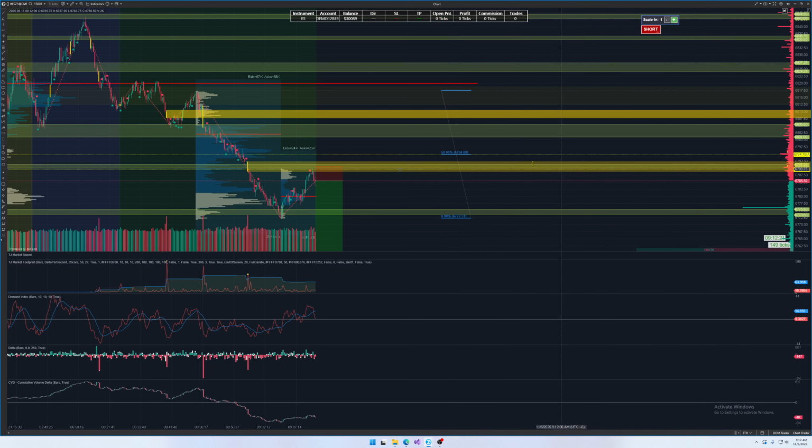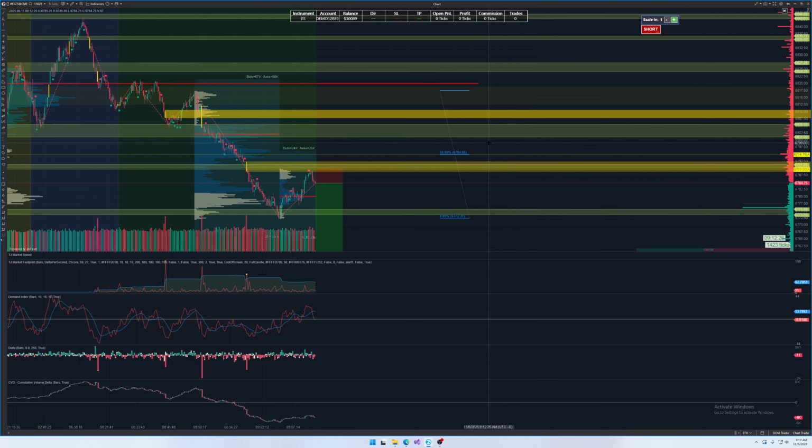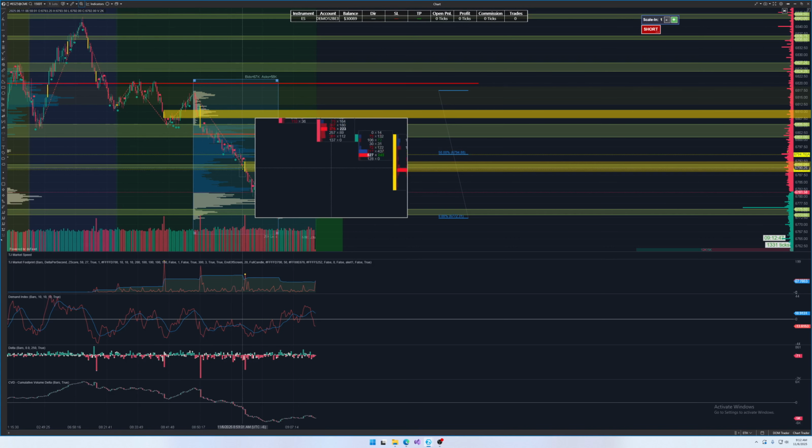I think I cancelled the order. It jumped out of the trade immediately because of the simple fact that my stop loss would not have been above 50%. And that's not something I like. But it was, I marked that area here because it had a high imbalance, right?